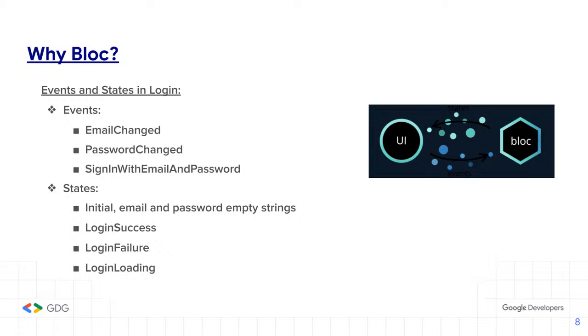So let's dive deeper into the events and the states. I'm going to stick to the login example because that's simpler to understand. Like I said, there can be three events: email changed, password changed, and sign in with email and password. These are the three events that can possibly occur.